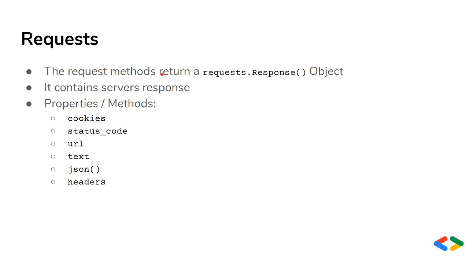Now whenever you make a request you will get a response object in return. The response object is the one which will have all the data related to the request that you made. The response object has various methods and properties that you can use to get data from it. There are properties such as cookies. Cookies are something that the server will try to store on your local browser to keep some piece of information.